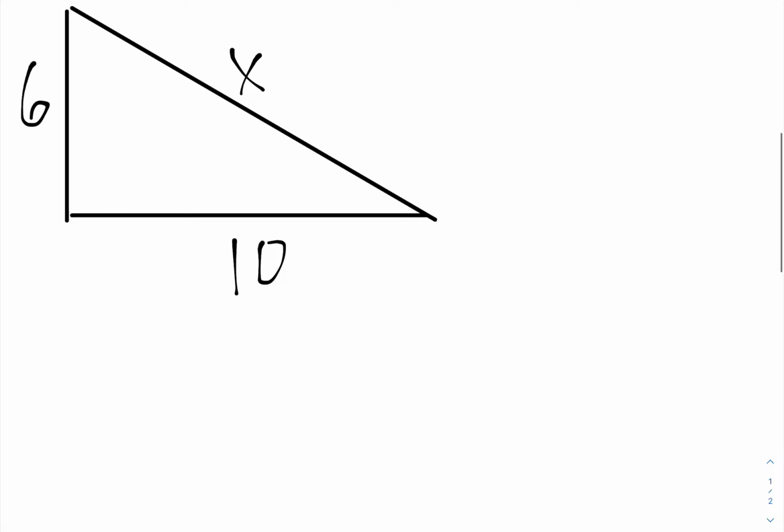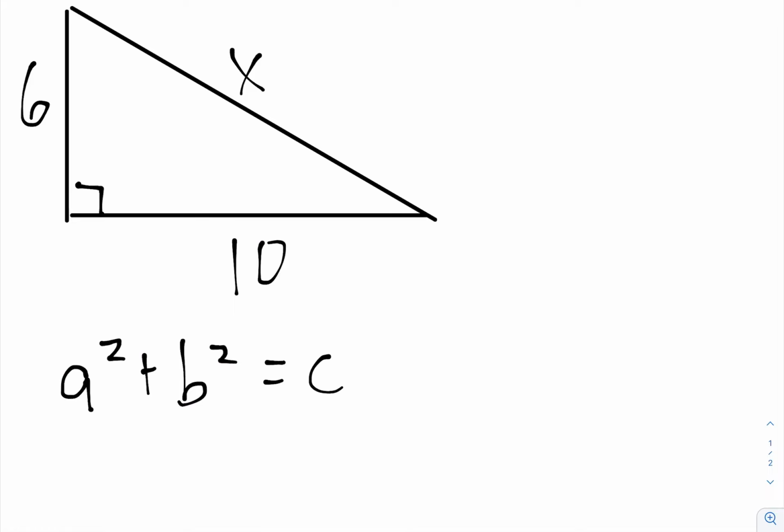Okay, so this time we're looking for c squared. Remember, if this is 90 degrees, our c, or our hypotenuse, is always going to be opposite that 90 degrees. So if we write out our Pythagorean theorem, a squared plus b squared equals c squared, we can plug in these numbers.